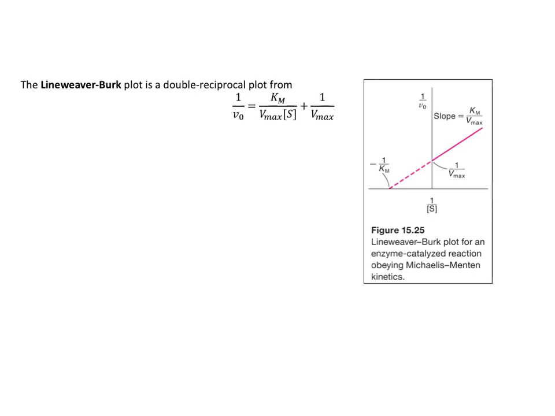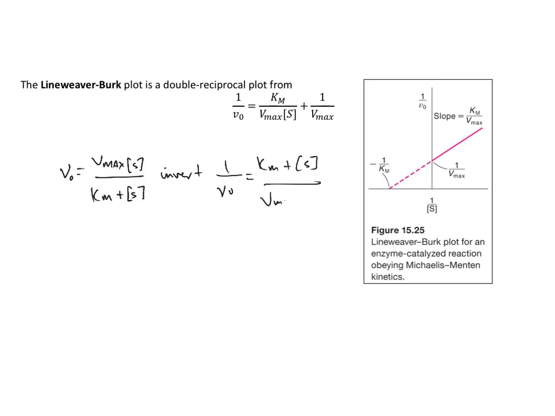So this is a rearrangement of that rate equation I had on the previous slide. Let me rewrite that. I should have had that here already. And essentially what we're going to do is to invert this, and then separate it out. And you can see that I am reproducing what I have above. Poor planning.